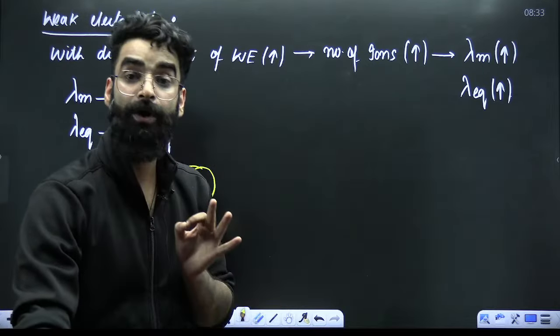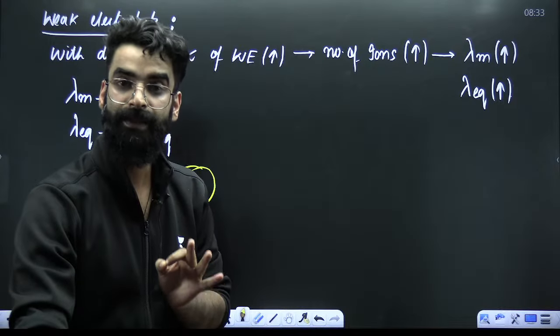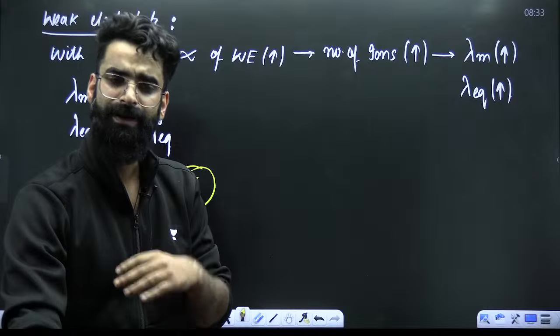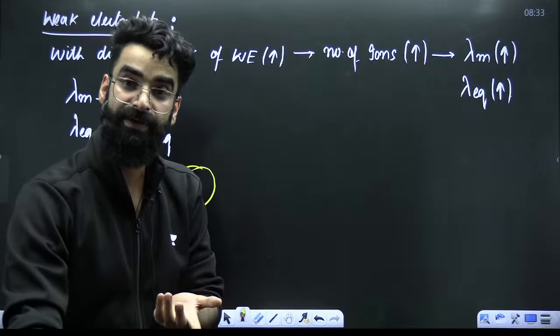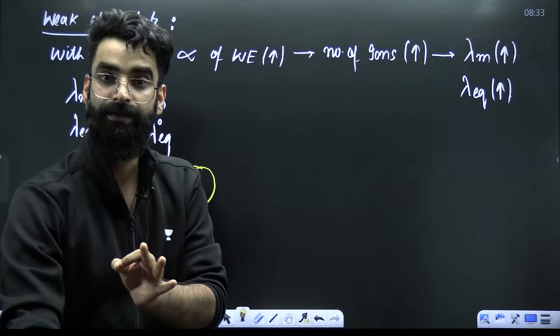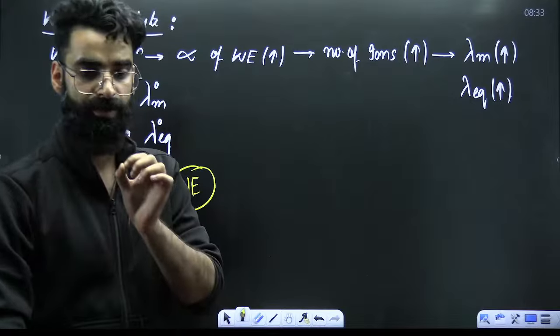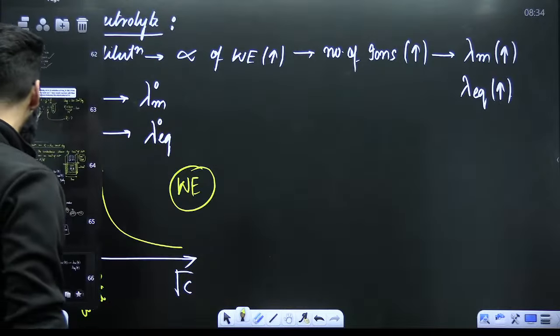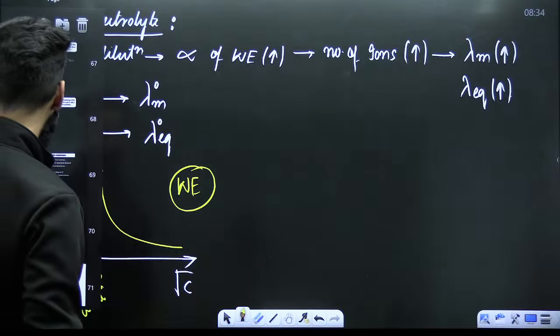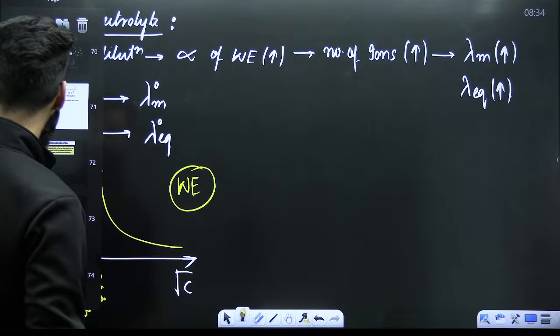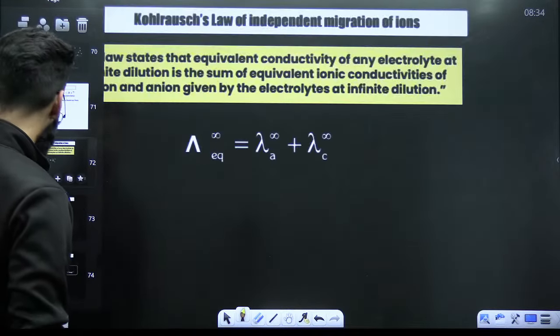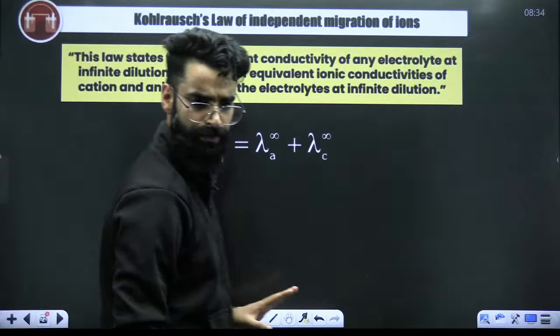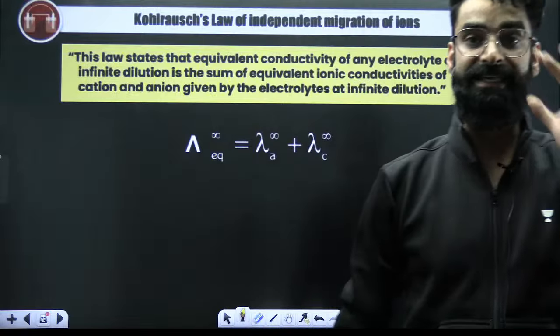My dear students, in order to get the molar conductivity as well as equivalent conductivity at infinite dilution for a weak electrolyte, I'm going to introduce one more topic, what you call Kohlrausch's law. So what does this Kohlrausch's law exactly state?